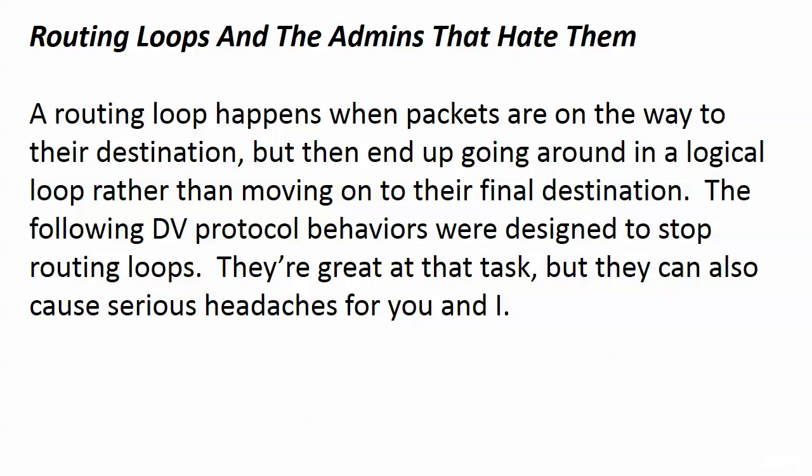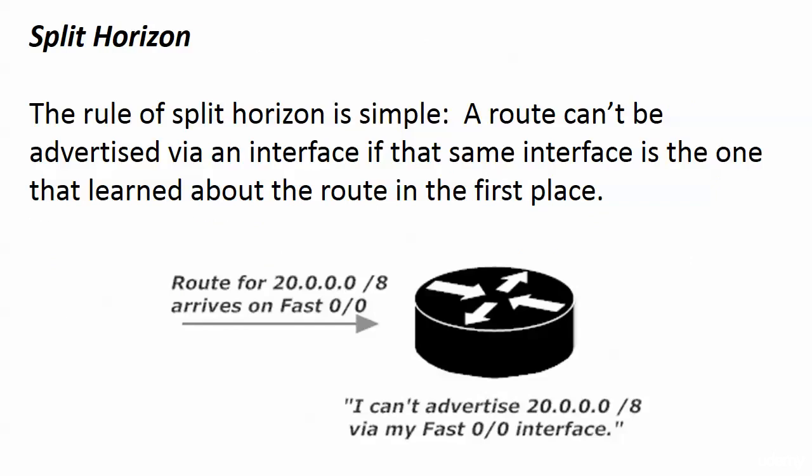Now, the distance vector protocol behaviors, we're going to talk about here and do a walkthrough or two on the board. They were designed to stop routing loops. They're very good at that. They are important, but they can cause serious headaches for you on occasion, especially this very next one called split horizon. You got to watch this one. Now, the rule is very simple. A route cannot be advertised out an interface if it came in on that interface in the first place.